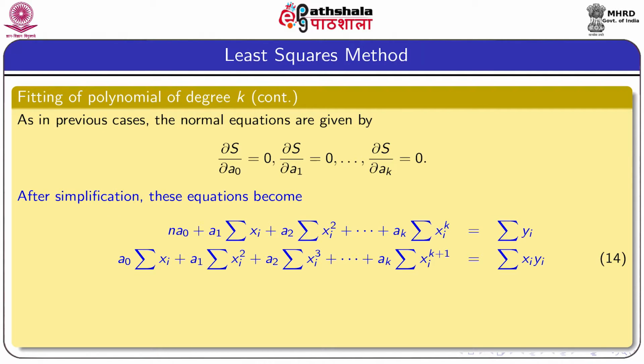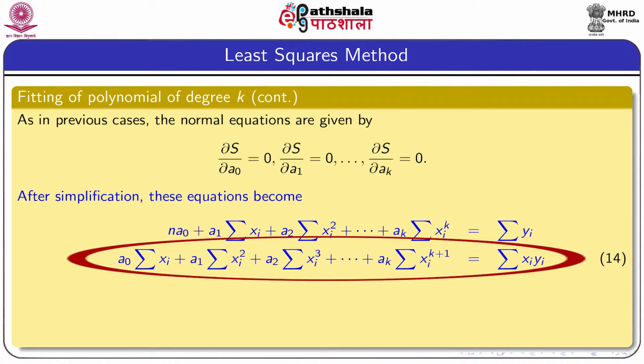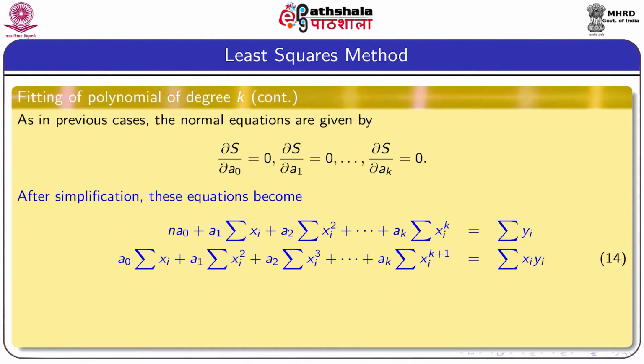And similarly, the second equation is a0 Σxi + a1 Σxi² + a2 Σxi³ + ... + ak Σxi^(k+1) = Σxi yi.